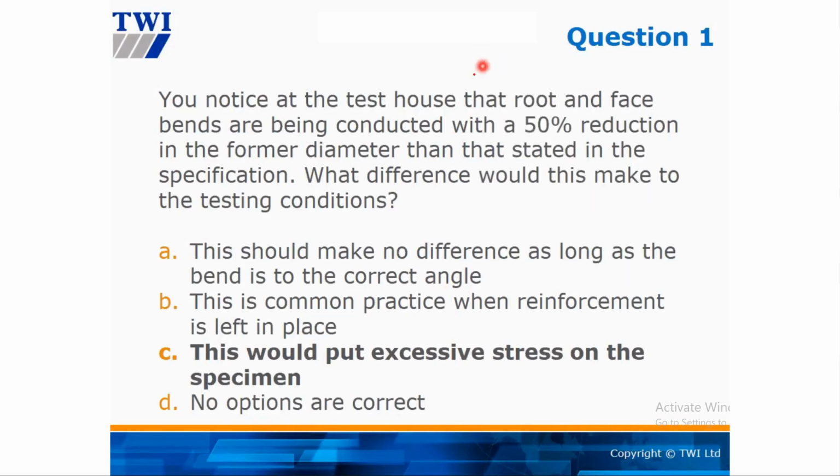It should be 4T, but now with reduction of 50%, it becomes 2T. The former diameter is smaller than stated in the spec, so what difference is made to this testing condition? Because they reduce the diameter of the former, the stress increases. So that's why the answer goes to C.